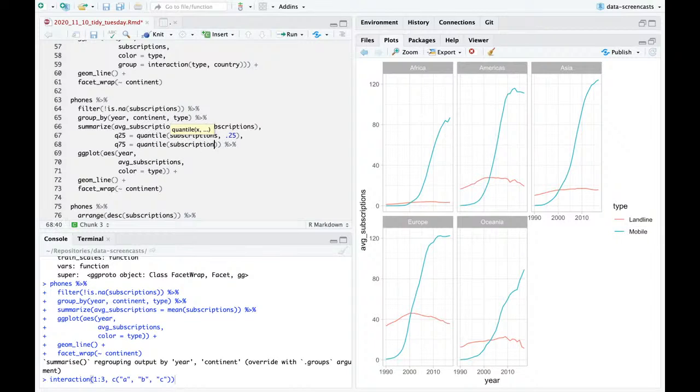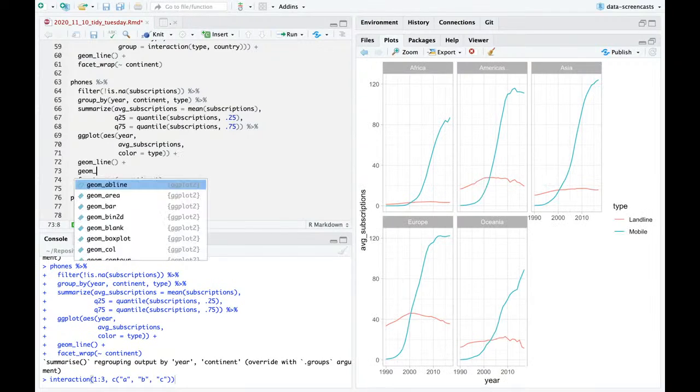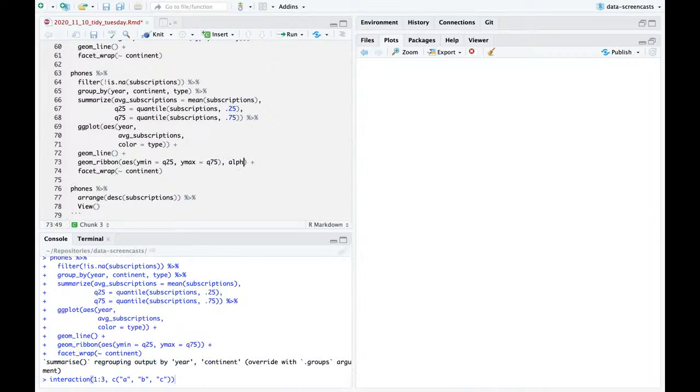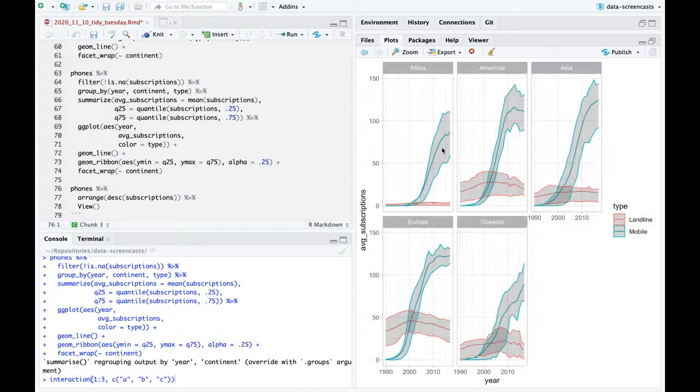There are a few ways to do it. 0.75. And I can throw in a geom ribbon. Geom ribbon, AES ymin is the 25th percentile, ymax is the 75th percentile. And anytime you do a ribbon, if you don't do an alpha, it looks all solid, which I don't care for, but alpha 0.25 makes it transparent.